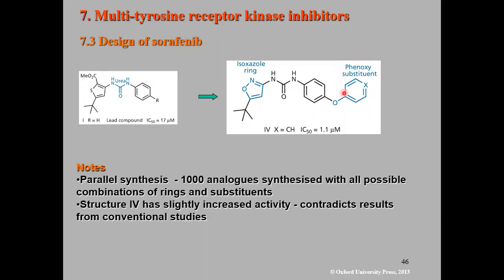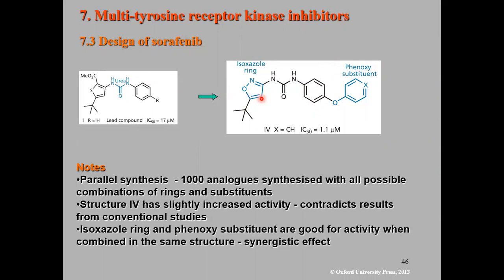It has the phenoxy substituent, which they said is bad for activity, and it has the isoxazole ring. Well, how come two bad substituents give better activity? Well, the isoxazole ring and the phenoxy substituent are good for activity when combined in the same structure. Something that you know as synergistic effect.